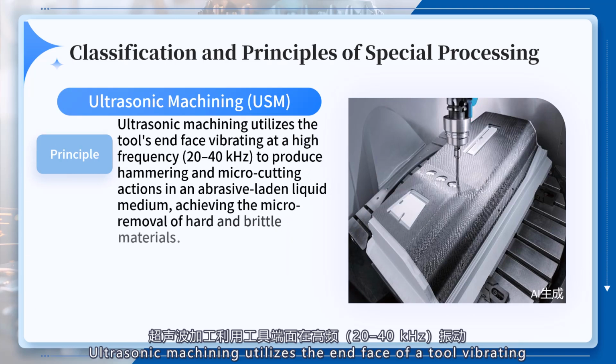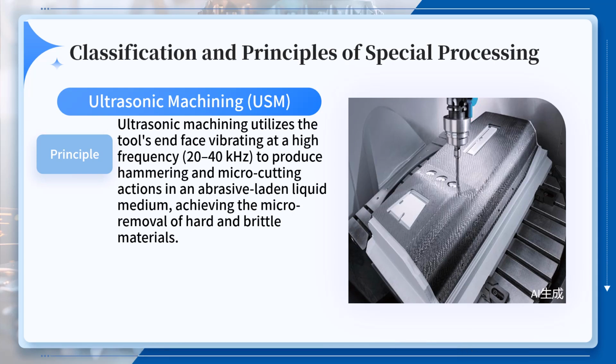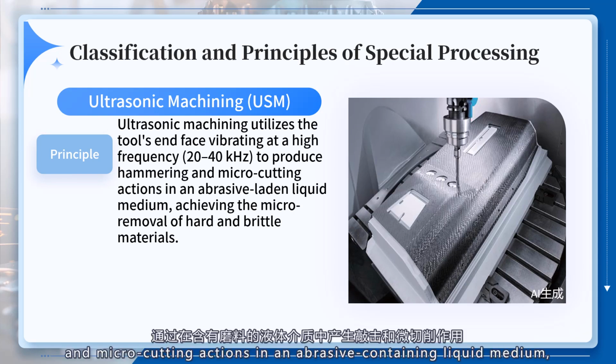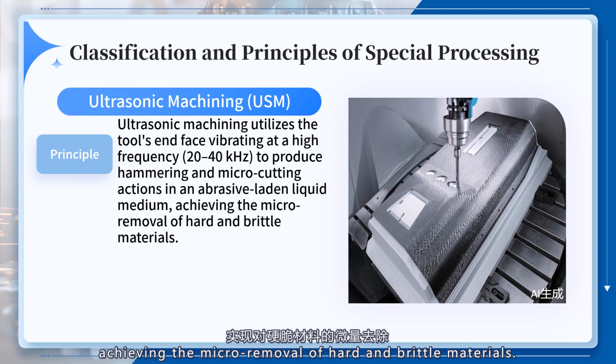Ultrasonic machining utilizes the end face of a tool vibrating at a high frequency of 20 to 40 kHz to produce hammering and micro-cutting actions in an abrasive-containing liquid medium, achieving the micro-removal of hard and brittle materials.